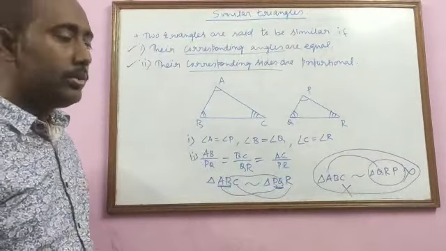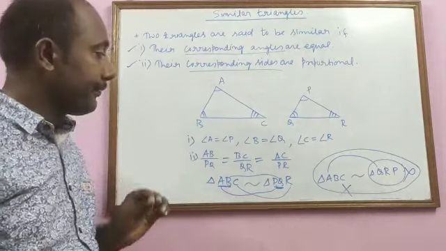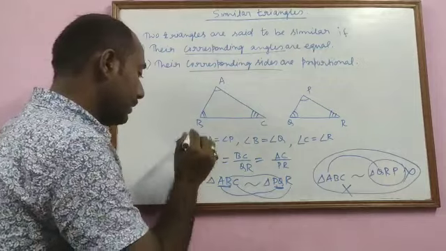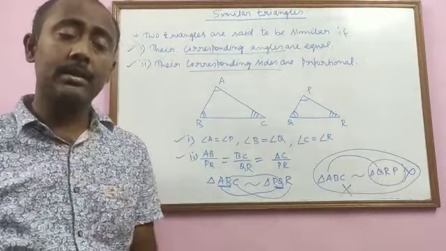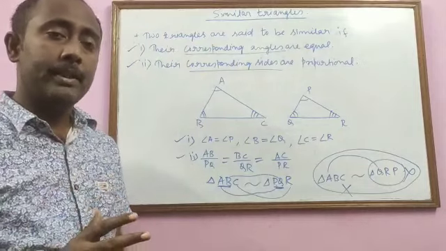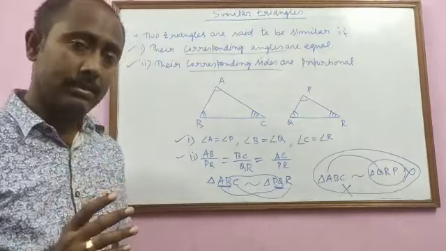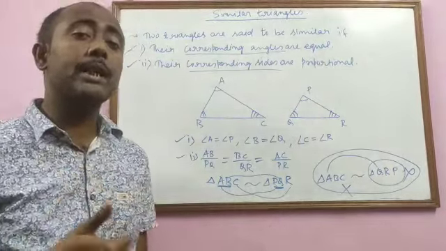Remember, so this is about similarity of two triangles. Now the question is: do we need to show all the time that all three angles are equal and the sides proportional to show that two triangles are similar? The answer is no. If you recall class 9th, you have gone through congruent triangles, and there you learned some criteria to prove two triangles congruent.